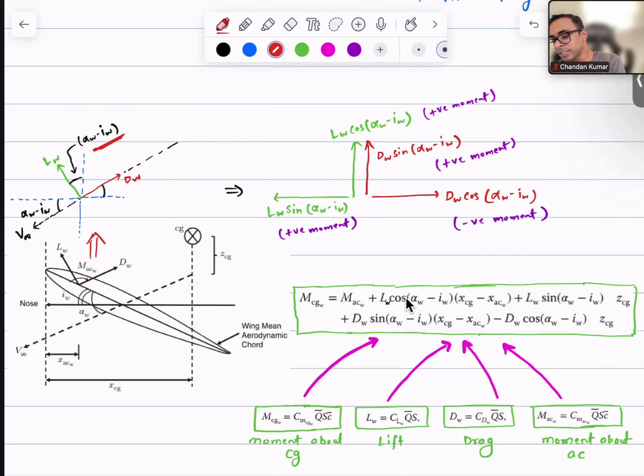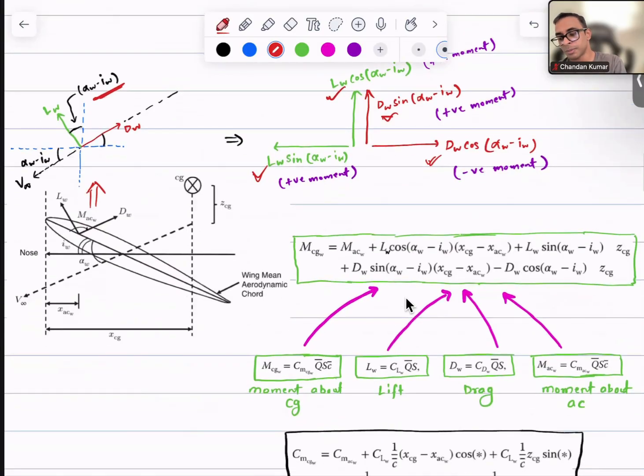So we have these two forces acting on the wing, and we will resolve these forces into vertical and horizontal components. So lift will have a vertical contribution over here and a horizontal component over here, and then drag will have a contribution in the vertical direction and another contribution in the horizontal direction.